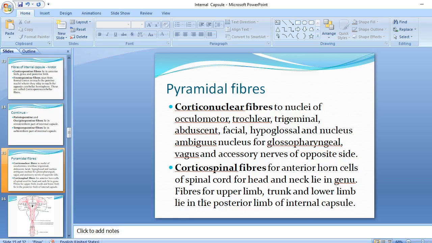The fibers for the upper limb, trunk, and the lower limb lie in the posterior limb of the internal capsule. And always remember that control of the cerebral cortex is always to the contralateral side. If there is a lesion on the right side, then the paralysis will be on the left side and vice versa.